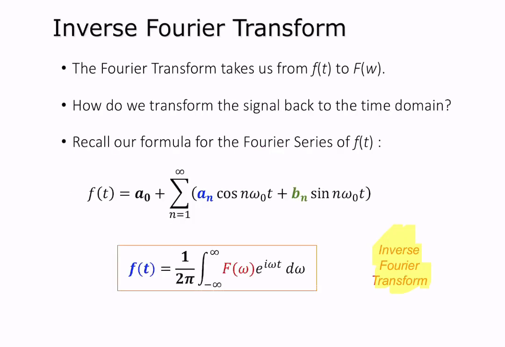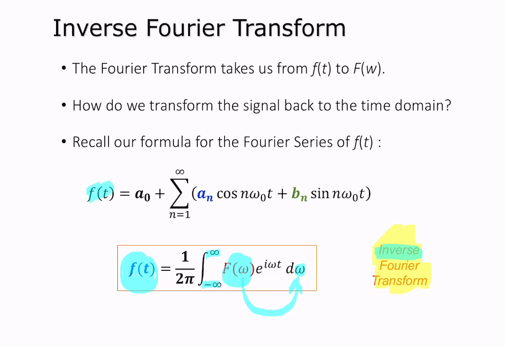Now, for every transform, we need the inverse transform. The inverse transform allows us to recover our time domain expression from our frequency domain expression. So if we take our frequency domain expression, which is a function of frequency, and integrate it over all frequency, multiplied by e to the i omega t, and divide by 2 pi because we're using omega rather than f, that will give you f of t.